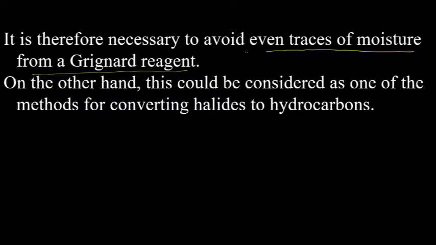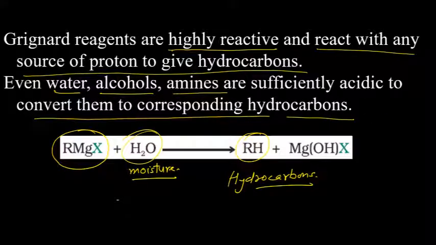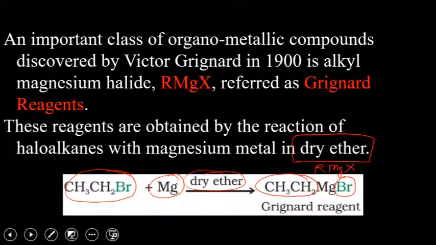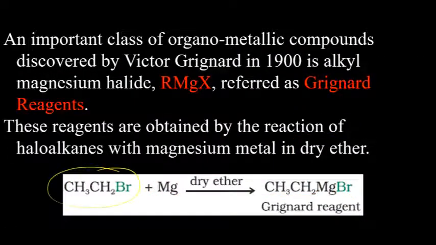On the other hand, this could be considered as one of the methods for converting halides to hydrocarbon. So if we actually need to convert halide to hydrocarbon, we can use it. Why? Because halides can be converted to Grignard reagent. Why are we using dry ether?